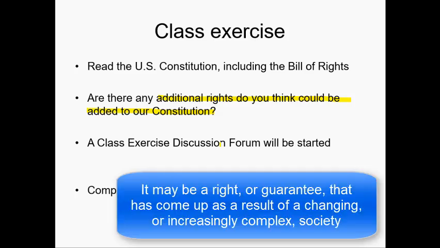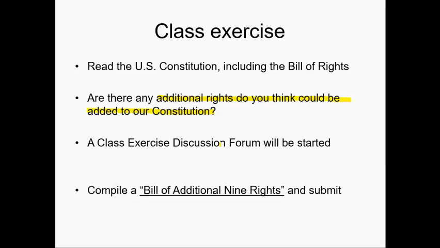This could be something that we have taken for granted for a long time, and maybe it needs to be expressed, because there are other countries in the world that have lots of rights that they want to have put in their Constitution, and these are the types of rights that we would literally take for granted, that we wouldn't even think would be necessary to put in our Constitution. But that would be an interesting discussion to have.